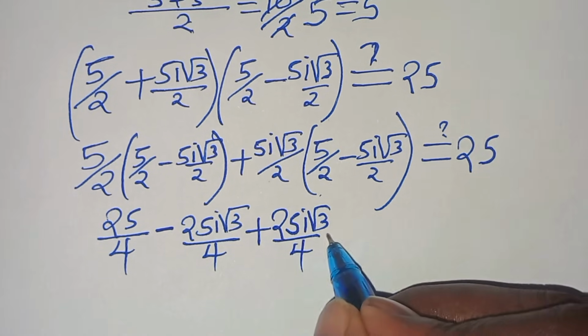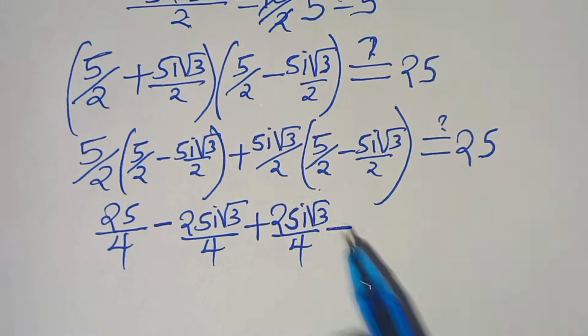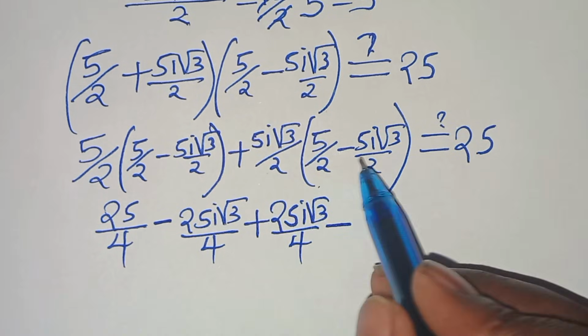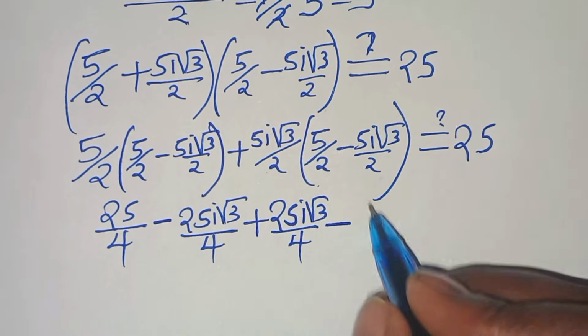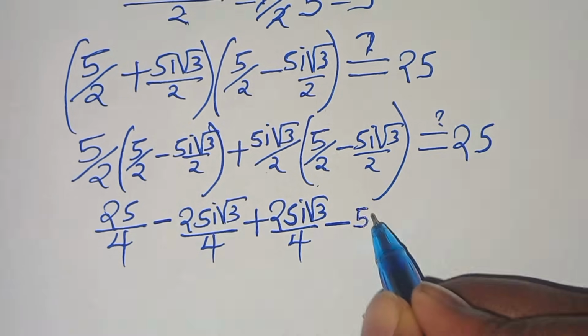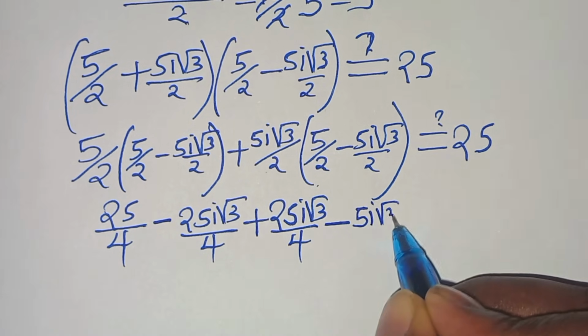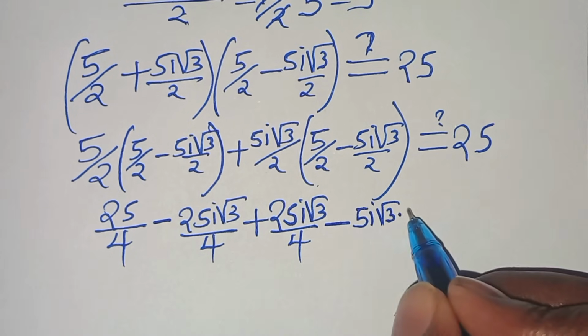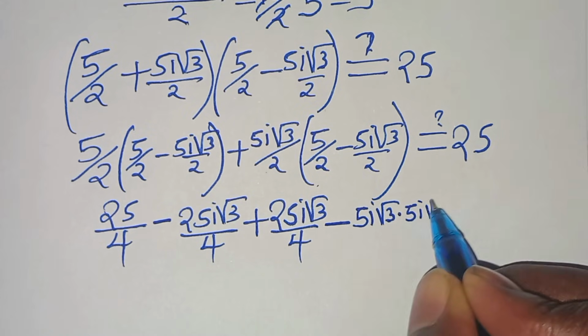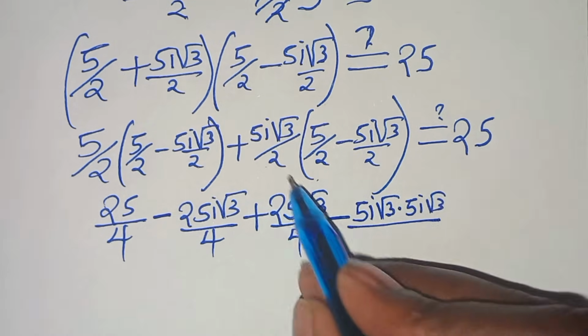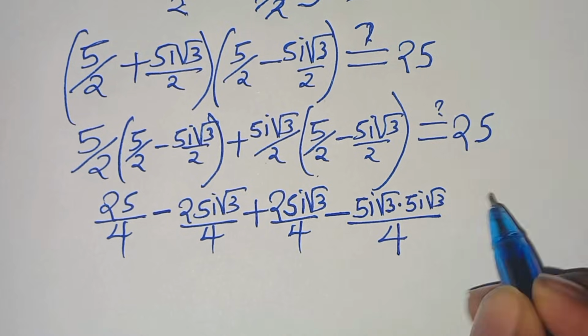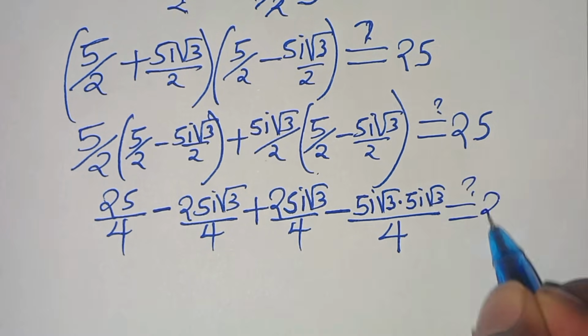Then we have minus 5i square root of 3 over 2 times 5i square root of 3 over 2. So here we have 5i square root of 3 times 5i square root of 3 over 2 times 2, which is 4. This should give us a value of 25.